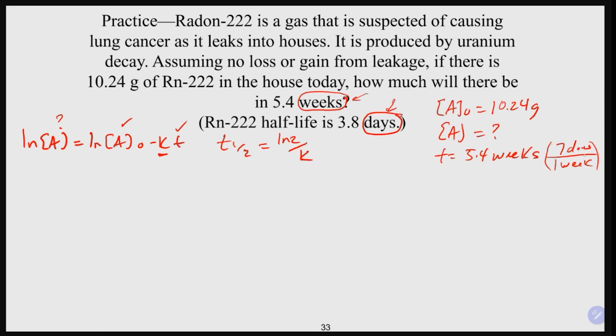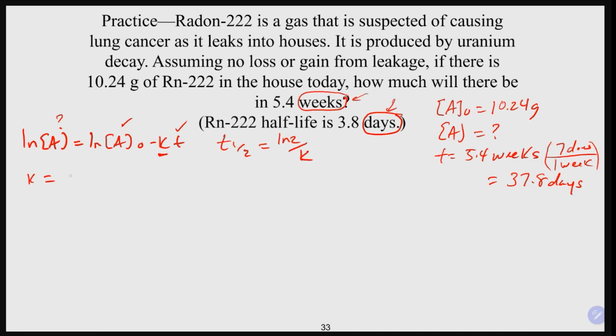So if we convert our 5.4 weeks into days, we get 37.8 days. Now both of my units of time are the same, so I'm okay. If you worked in weeks, you'll have slightly different numbers, but the answer should be about the same, with some rounding differences.